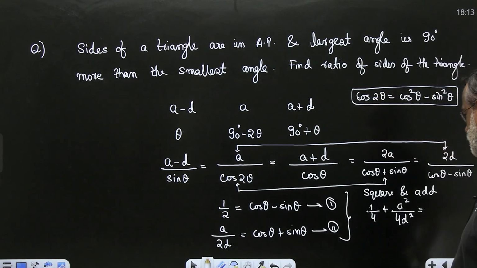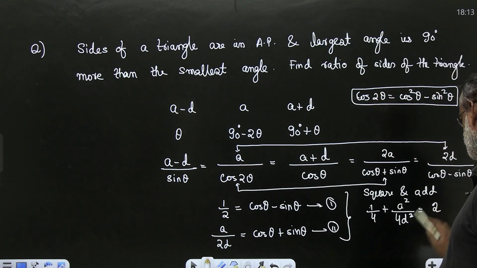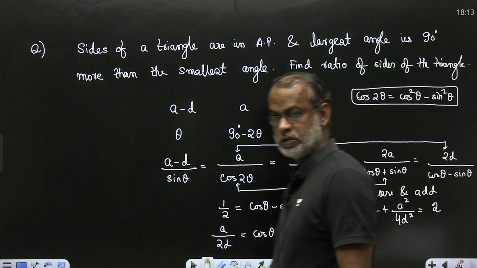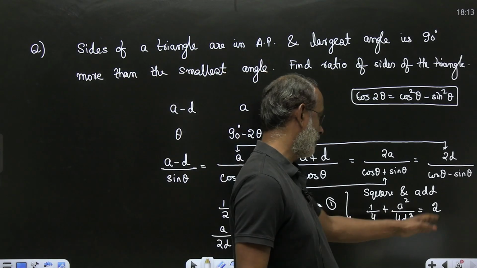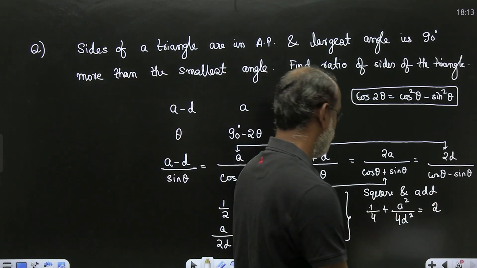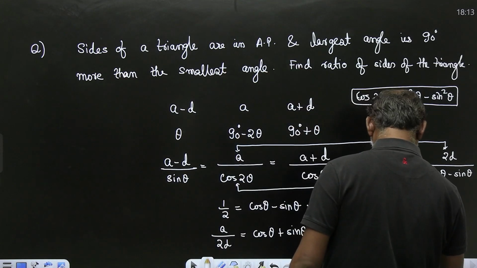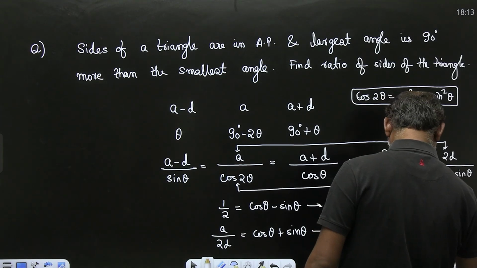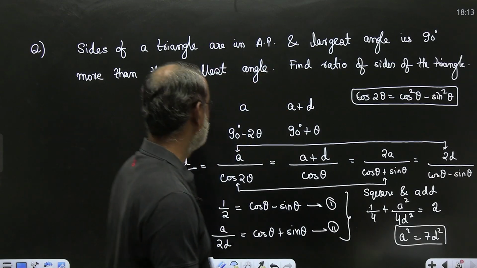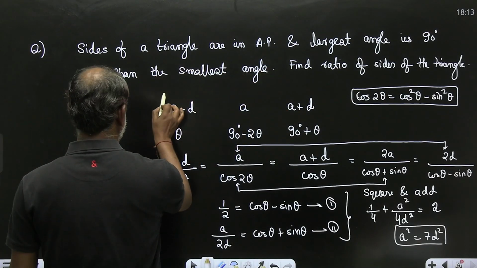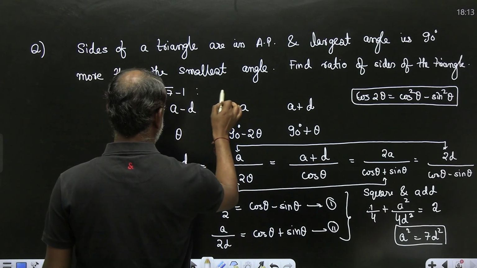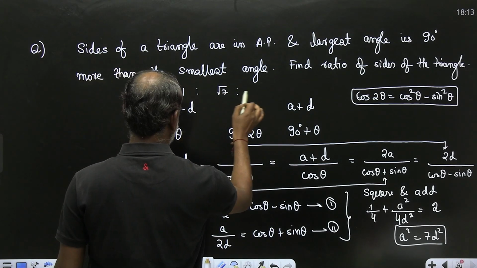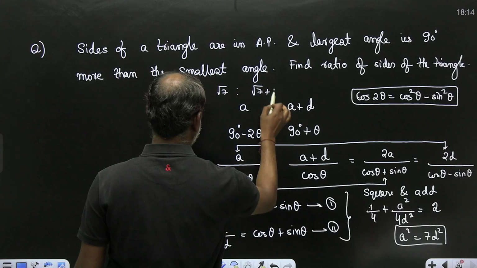What is this? 7 by 4. 2 minus 1 by 4, 7 by 4. A square is D root 7. So, root 7 minus 1 is to root 7 is to root 7 plus 1.